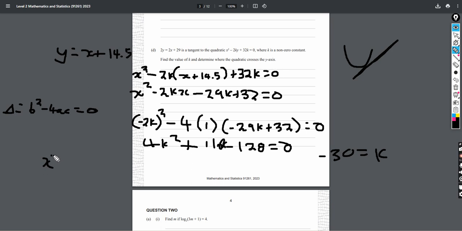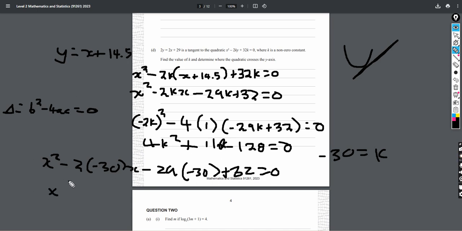Are we going to get x squared minus 2 times minus 30x minus 29 times minus 30, x squared plus 60x, equals zero, and then we solve this one, 870 plus 32.